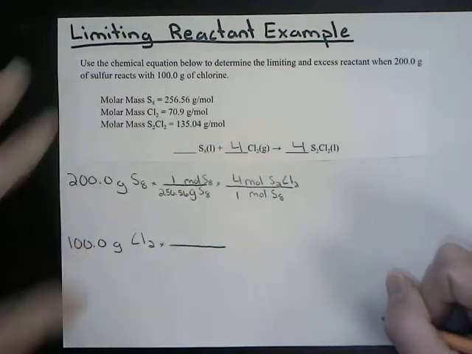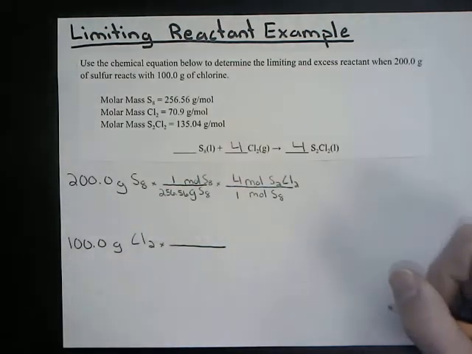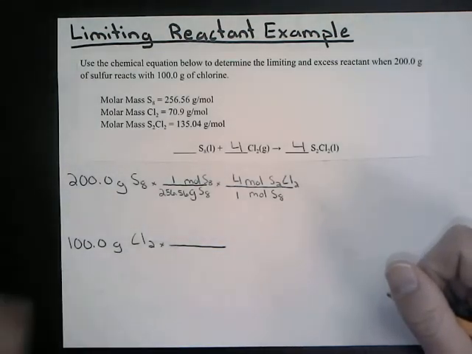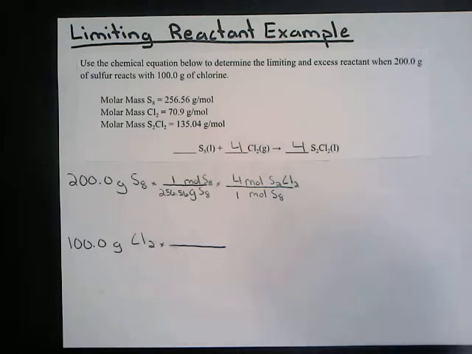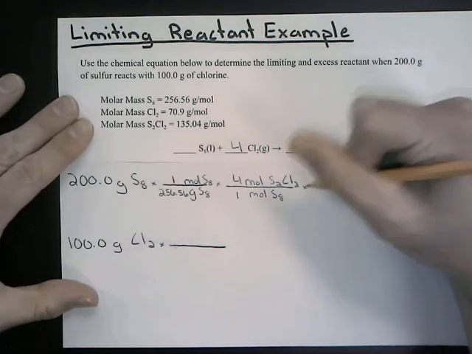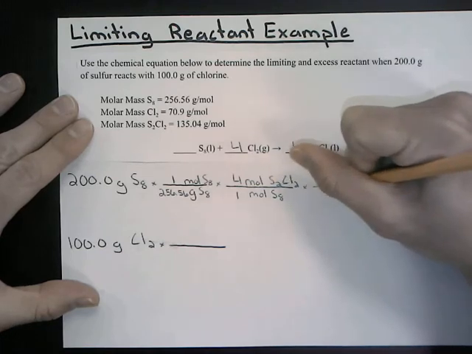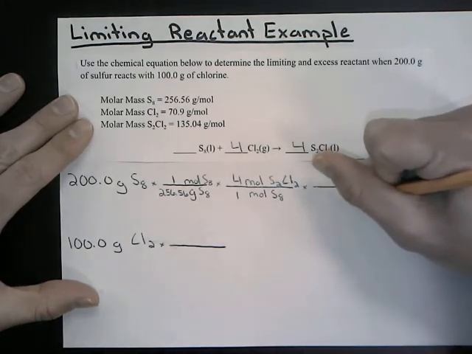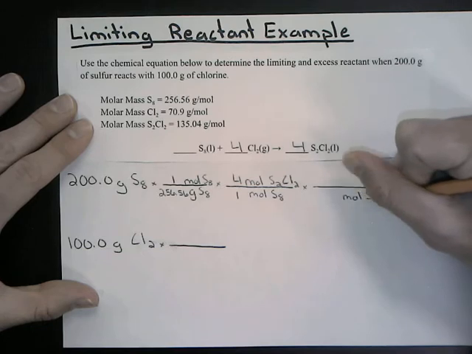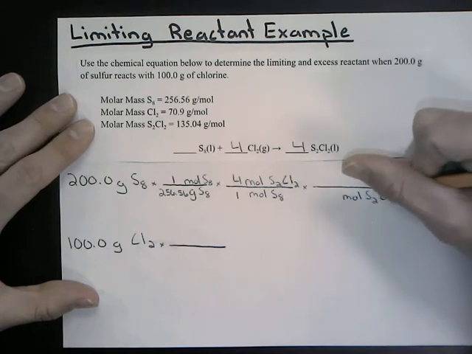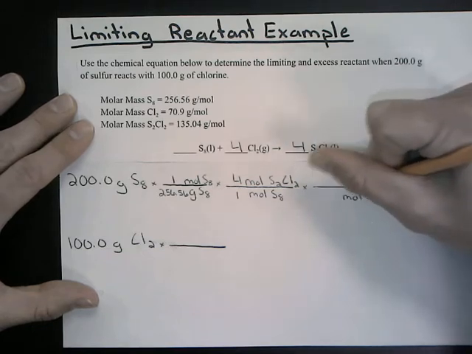Now, again, we need our product in grams because we don't have a mole scale. It'd be nice if we did, but we have to measure this in grams. So we need to go one step further, and we need to go from moles of S2Cl2 to grams, okay?